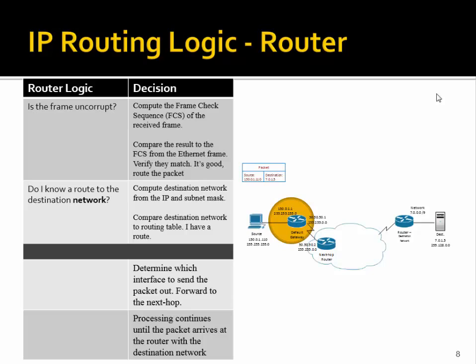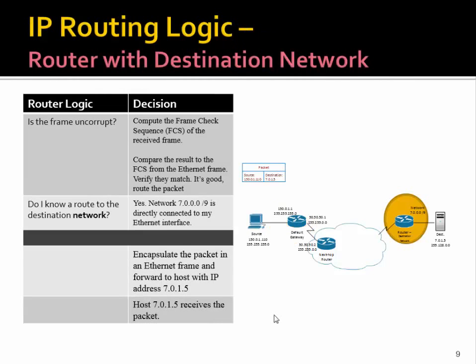The default gateway will forward the packet to the next hop router, and the next hop router and every subsequent router between the default gateway and the router with the destination network will make a similar logic decision.